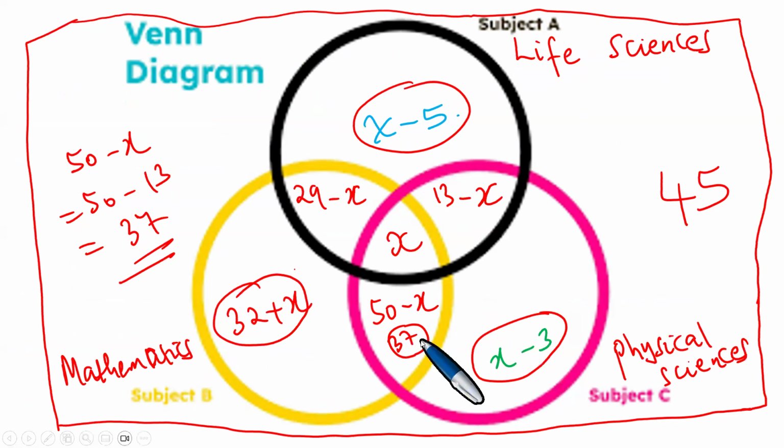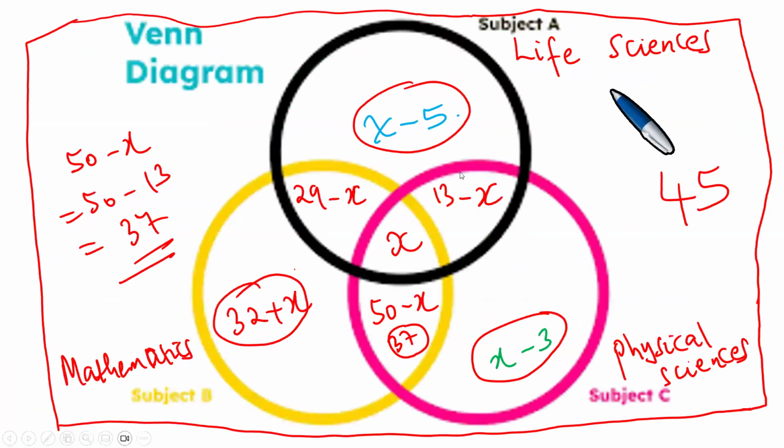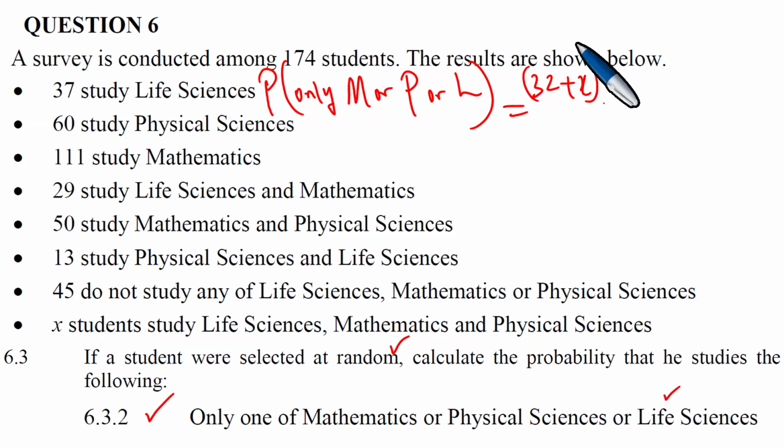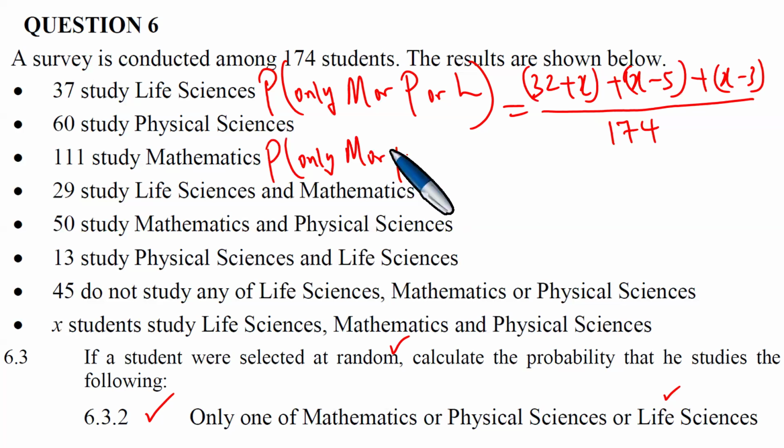You can write here 32 plus x plus x minus 5 plus x minus 3, all divided by a total of 174, which is the probability of only mathematics or physical sciences or life sciences.